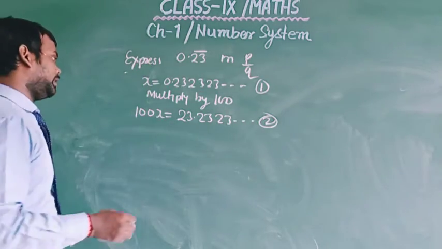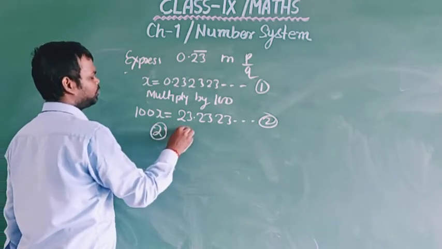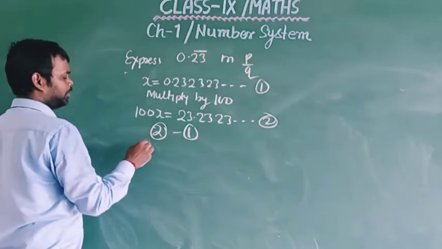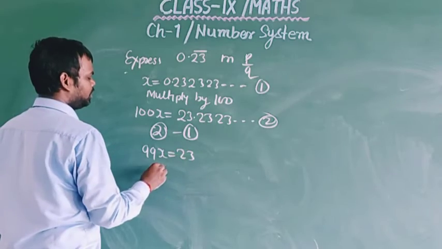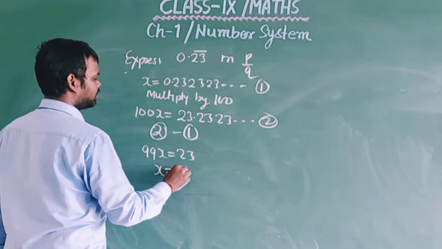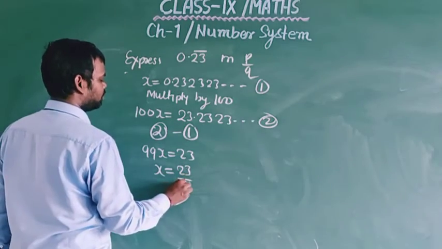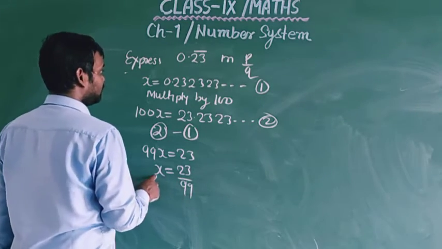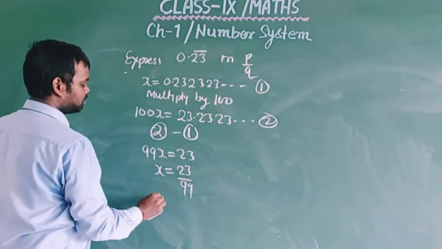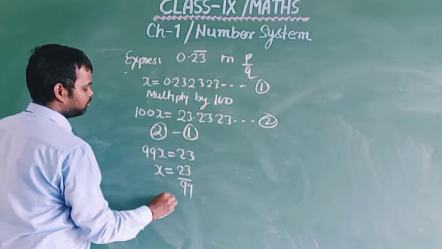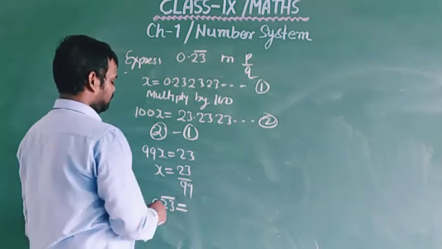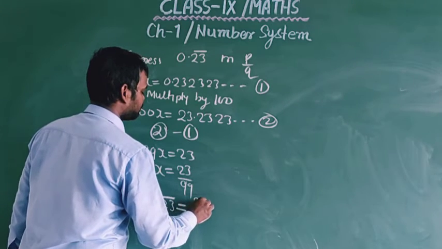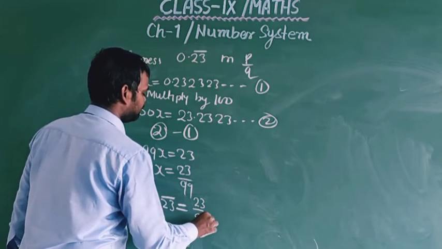Now subtracting equation 1 from equation 2, we get 99x equal to 23, and finally the value of x equal to 23 by 99. Substituting the value of x, 0.23 bar equal to 23 by 99.